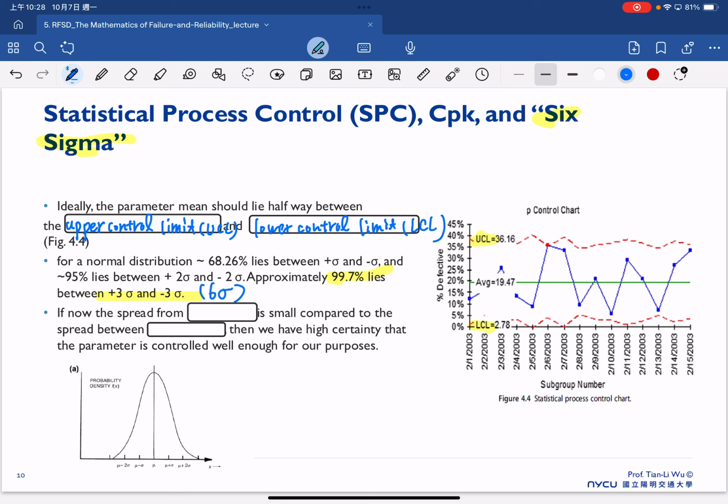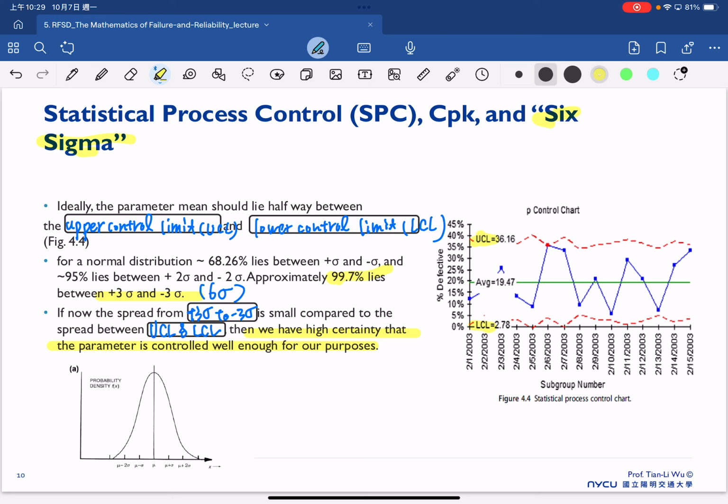So now, if the spread from positive 3 sigma to minus 3 sigma is small compared to the spread between UCL and LCL, then we have high certainty that the parameters are well controlled for the production.